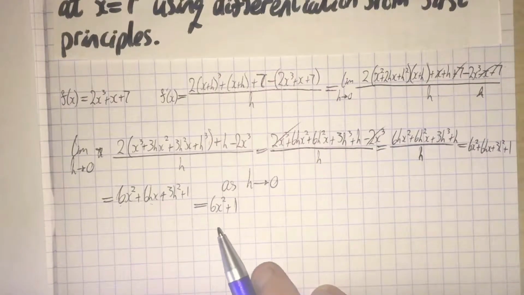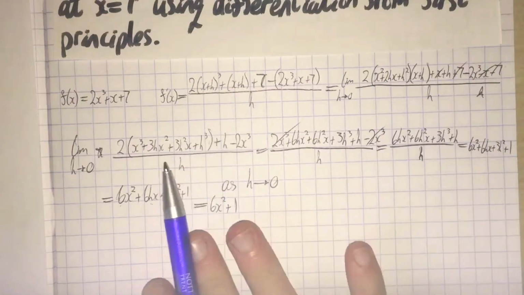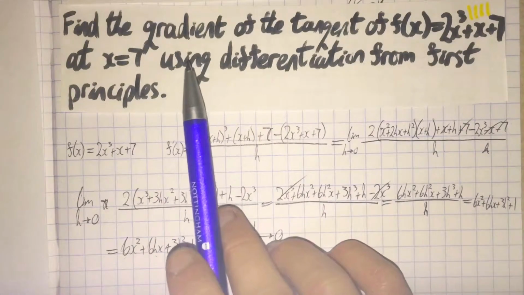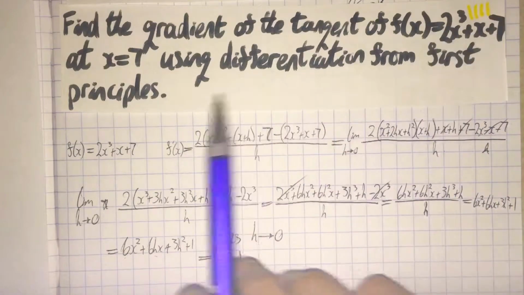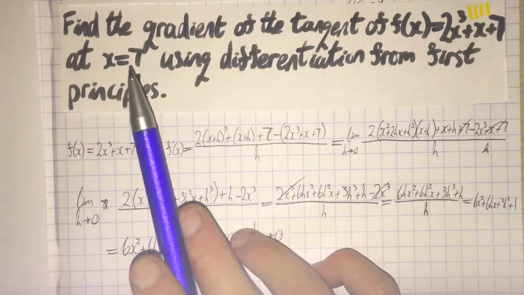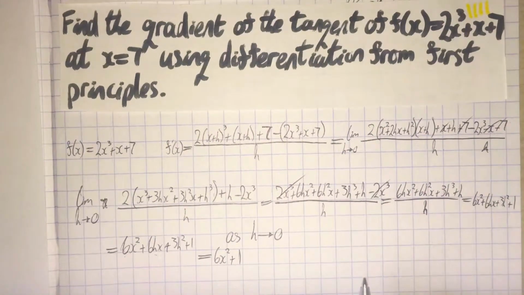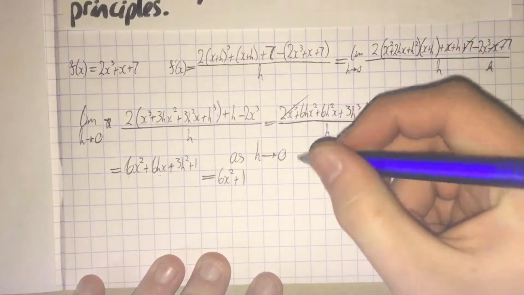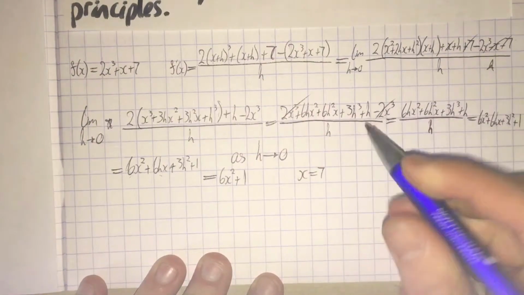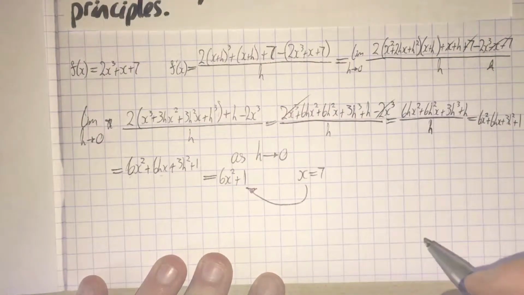Now, if you're thinking we're finished, then you're wrong, because if you remember the question, we still need to find the gradient of the tangent of f of x, being this, at x equals 7. What a rather lovely number, 7. So what we're going to do is simply substitute x equals 7 into our equation.